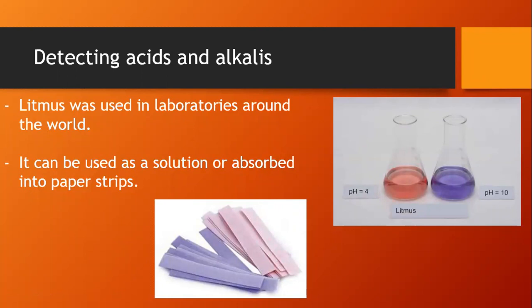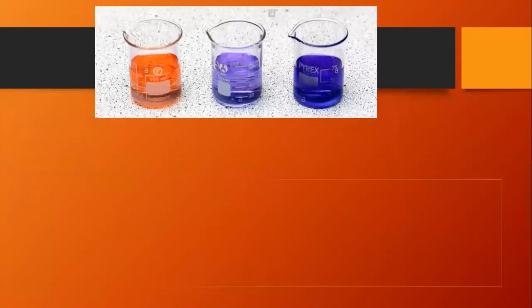Okay, so let us now see how the things become different. Now this is the litmus solution, the blue litmus solution. When they added an acid to it, I know it looks a little bit orange, but in the real thing it's actually red.